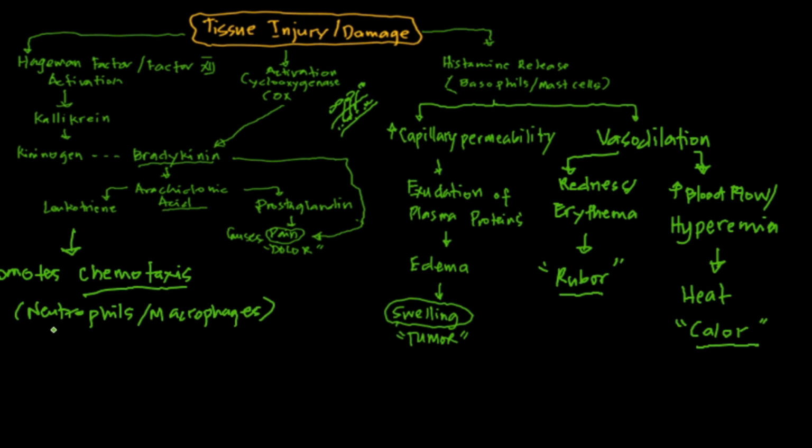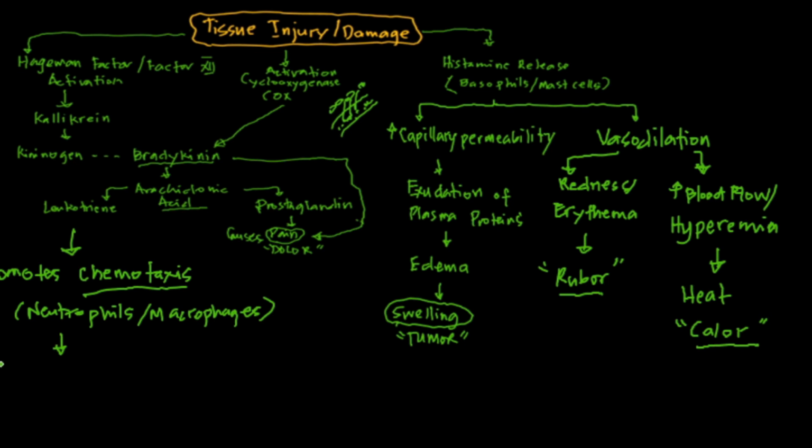Because of the chemotaxis, since these types of white blood cells, the neutrophils and macrophages, are being stimulated, you know that the characteristic of your neutrophils or macrophages is that they have the ability to engulf or to digest foreign bodies like your bacteria or any microorganisms. That process is what we call your phagocytosis.